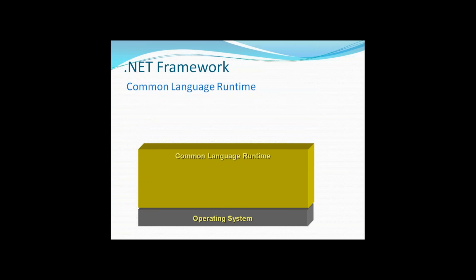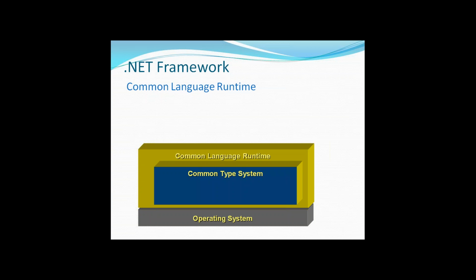On top of the operating system we have the common language runtime, because the common language runtime is used for conversion of our language. So the CLR manages the code execution at runtime. This is used for our memory management. Now inside the common language runtime we have the common type system and common language specification.